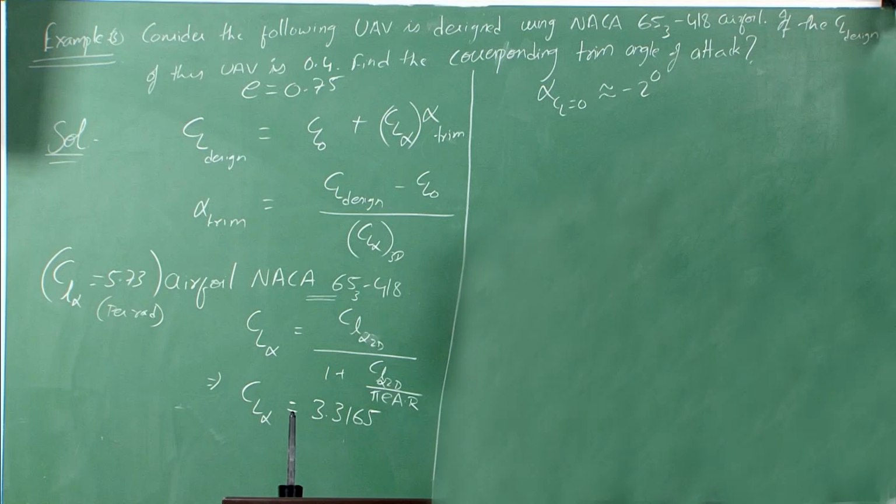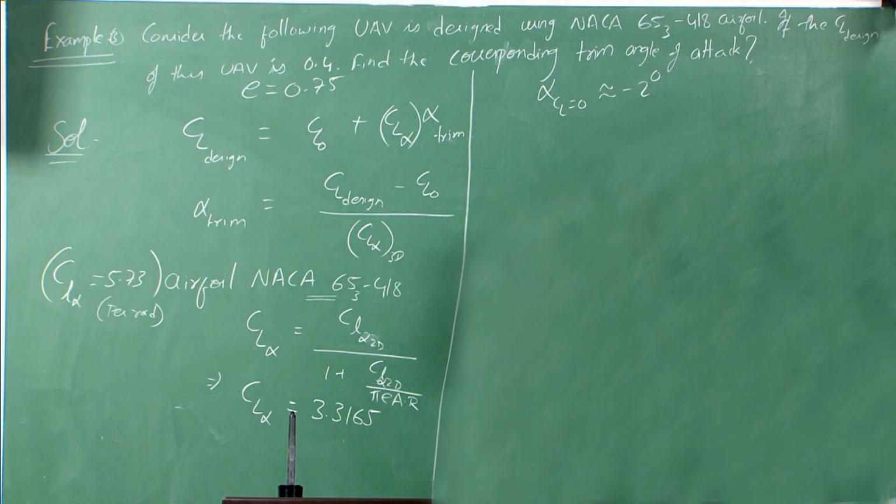Now substituting this in this equation, we get CL alpha 3D approximately 3.3165. So to calculate alpha trim, we need another parameter, CL naught, that we need to find out. So CL alpha is 3.3165.